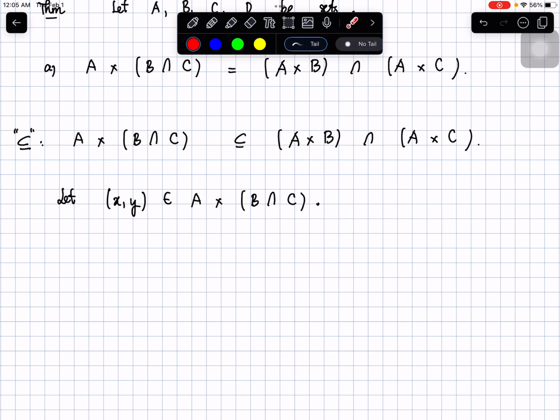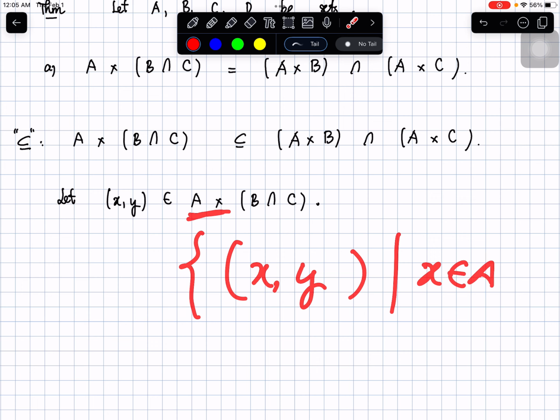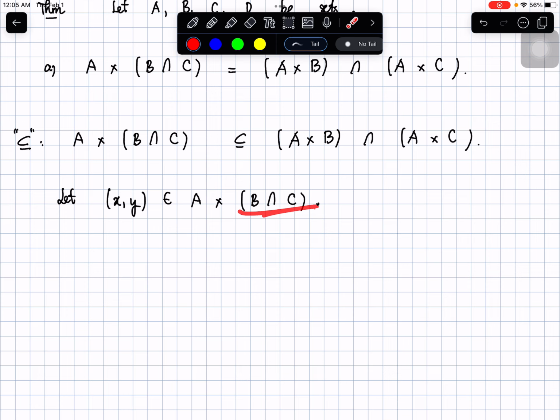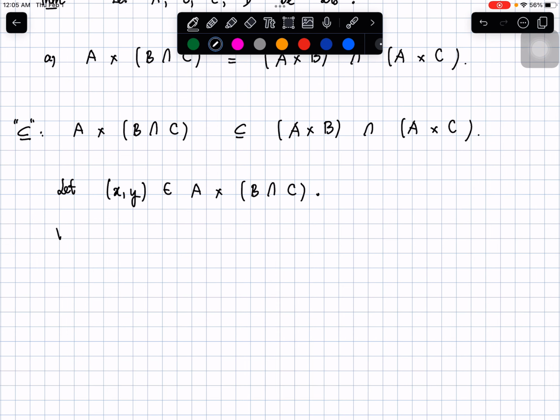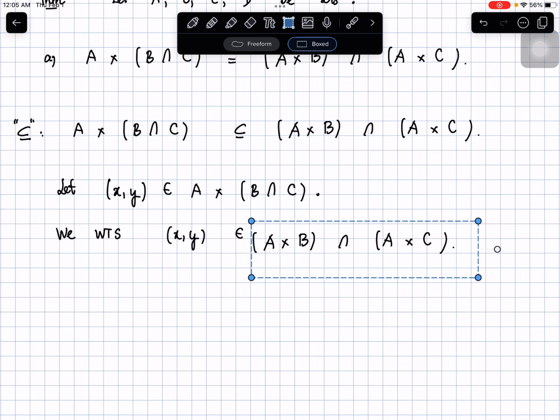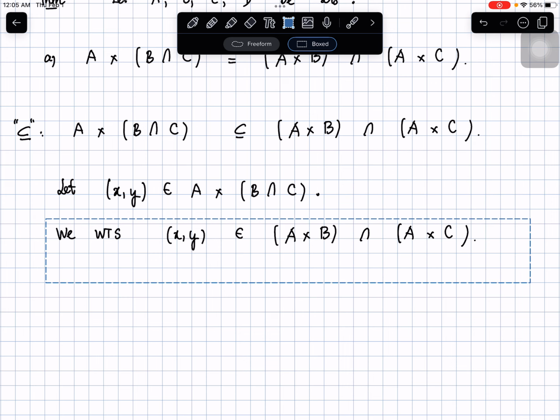Cartesian product is a set of all ordered pairs x comma y, x in A, y in the other set B intersect C. We want to show that x comma y is an element in here.